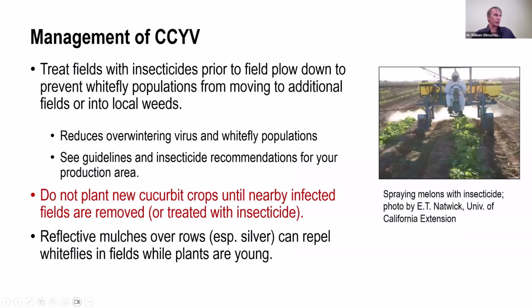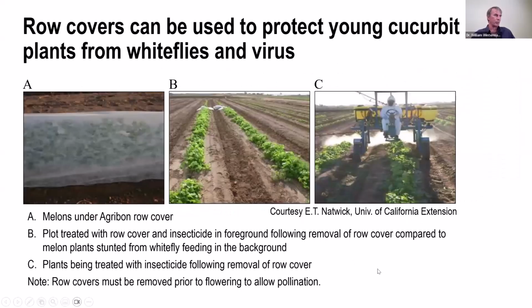Reflective mulches are another approach that can be used to protect plants early on. As was mentioned earlier, these silver reflective mulches or white reflective mulches are very effective at deterring whitefly in early plants before the rows are fully covered by the vines, and can slow the spread of a virus introduction in the field.